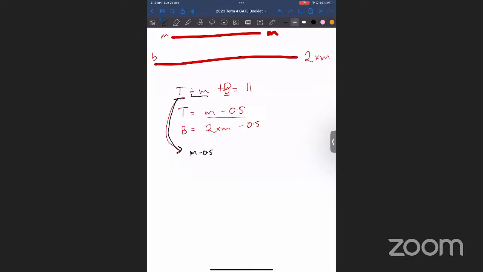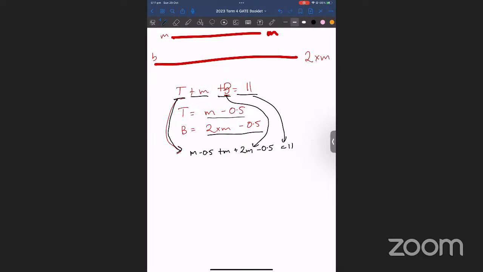And then we have this plus m, so we bring that down. And then we have this plus b. Well, b, we know is 2m minus 0.5. So it is 2m minus 0.5. And the 11, when we bring it down, it is equal to 11. And the b is equal to this.